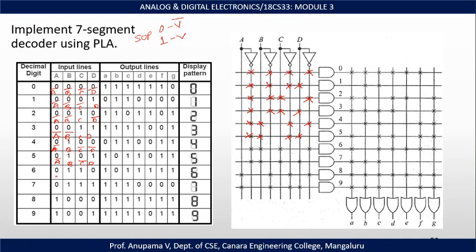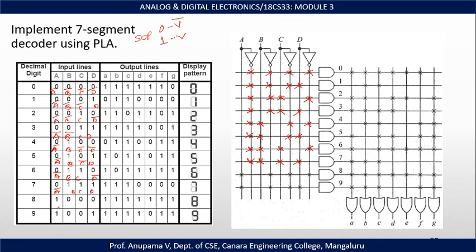Next entry in the truth table is 0110, which is equivalent to A bar, B, C, D bar. Hence I draw X mark against A bar, B, C and D bar. So next entry in the truth table is 0111, which is equivalent to A bar, B, C, D. Hence I draw the X mark against A bar, B, C and D.